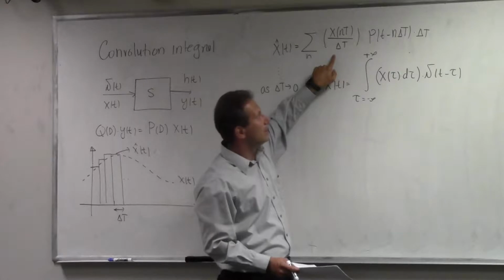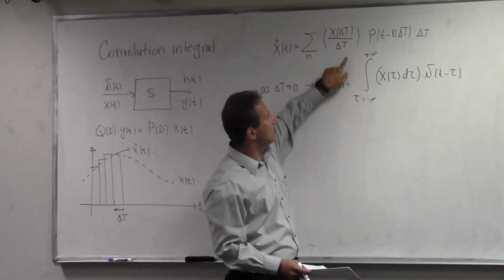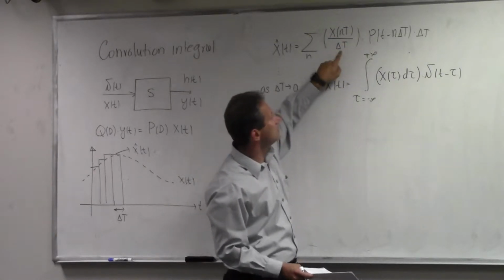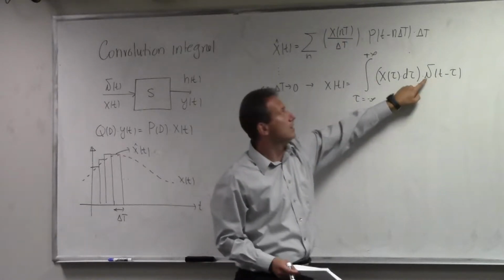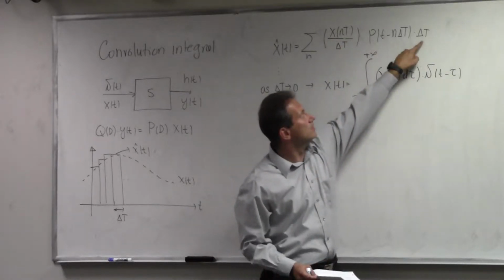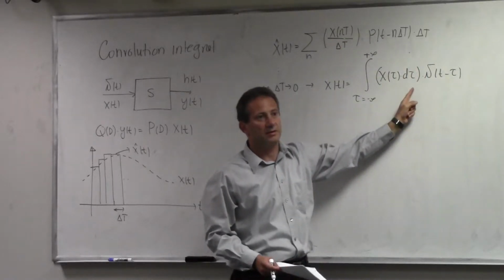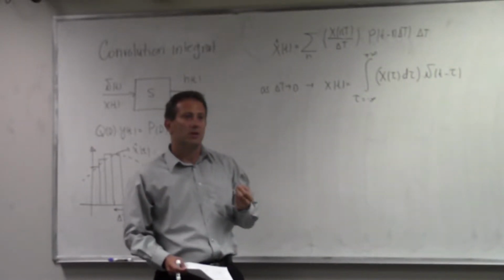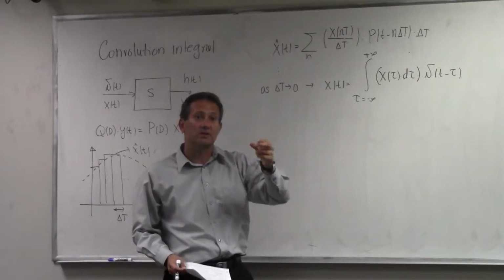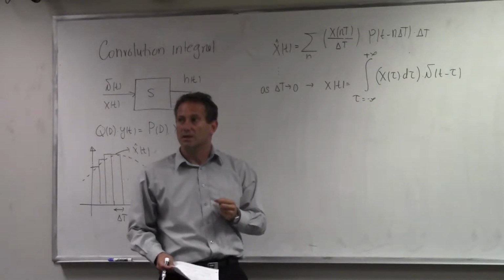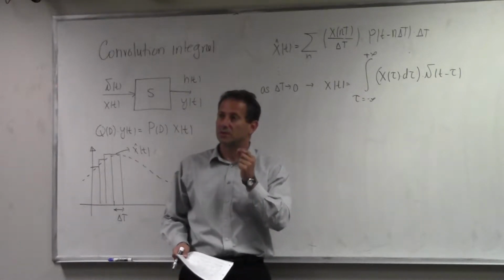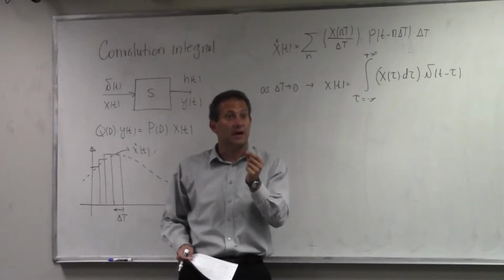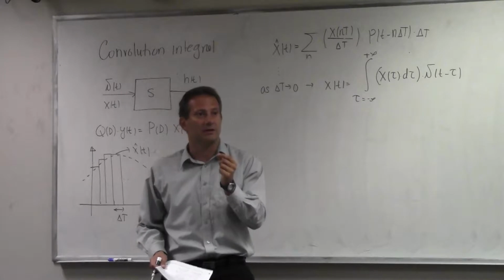And the area under the curve is essentially this p and this delta t combined to give me delta, and this x of n delta t combined to give me the area under the pulse. What this teaches me is that I can decompose my input as a whole bunch of pulses coming one after the other. They're coming very close. The distance between them is infinitesimally small. It's delta tau, so they're coming right after one another.